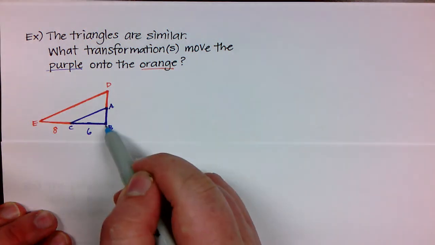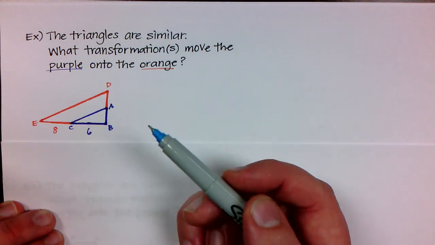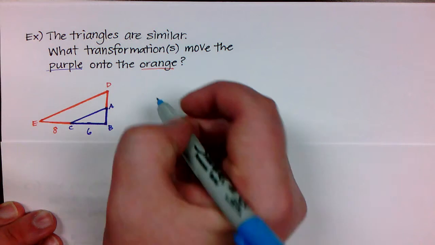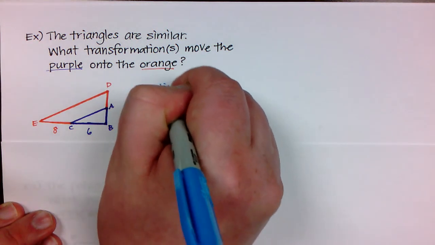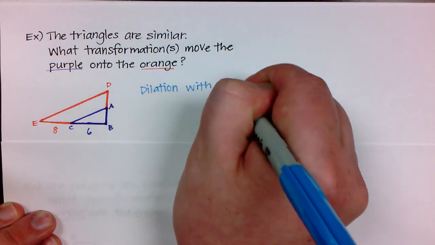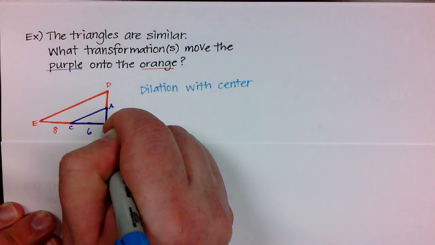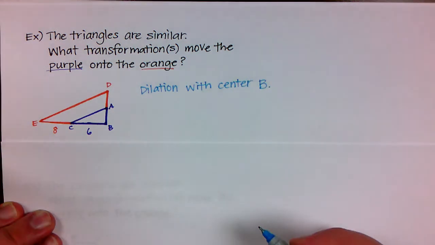It looks like it's staying put, similar to the last example. And we'll notice that because they're overlapping. So when that happens, we're going to say that it is a dilation with center B, because that is the common point in both of those images.